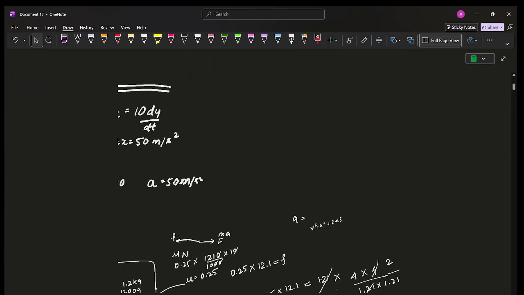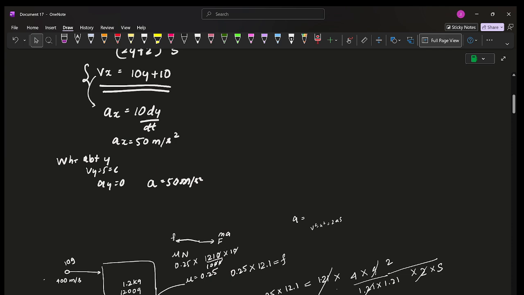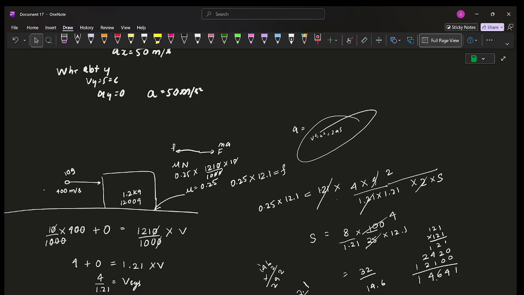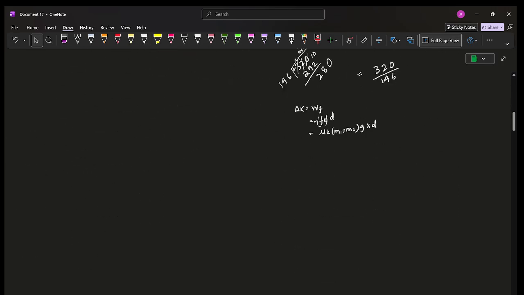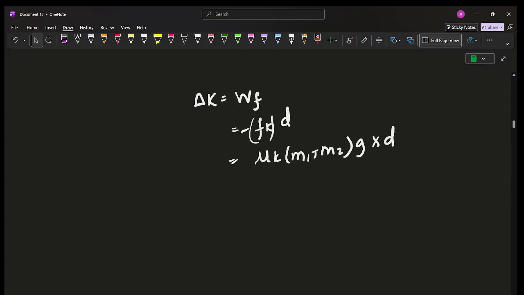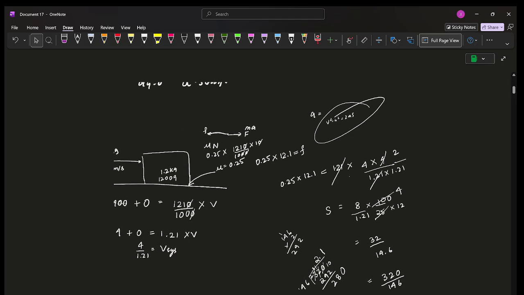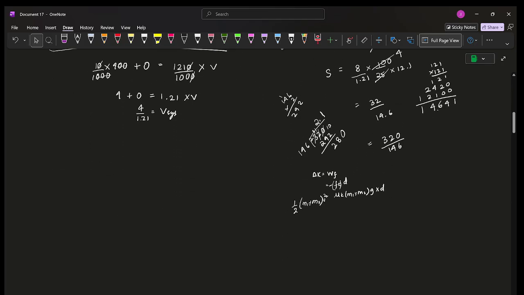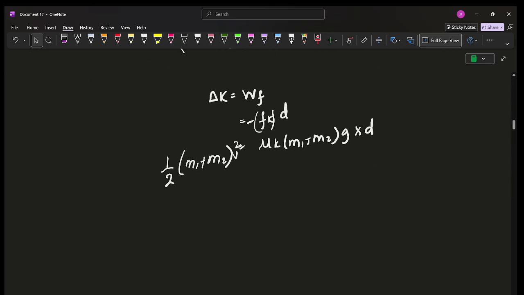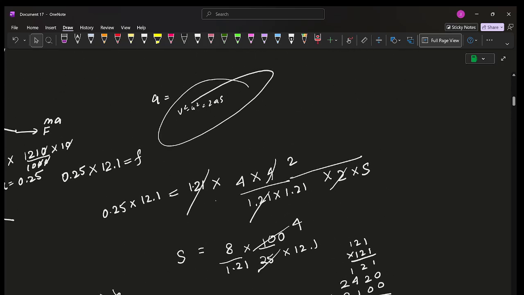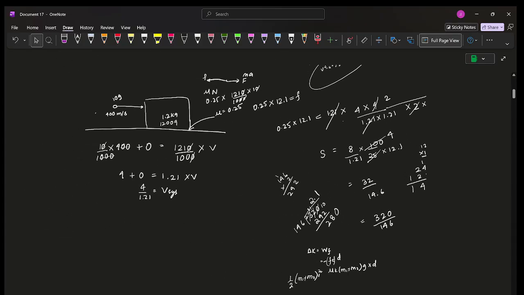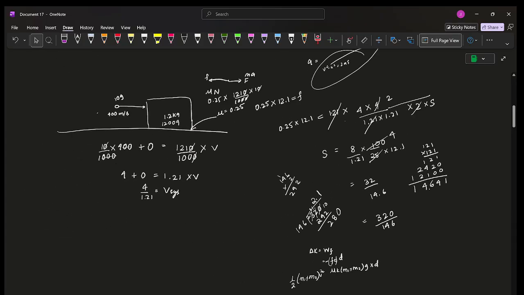I equated friction and instead of A I put the equation of motion. I have zero idea how true this is, but okay, if we do it with respect to half m1 plus m2 into v square, that is the same v square that I'm supposed to put there. 2a into s, right? But I already have the v square, which is 4 by 1.2. That's exactly what I'm getting there. Don't tell me I casually did it.